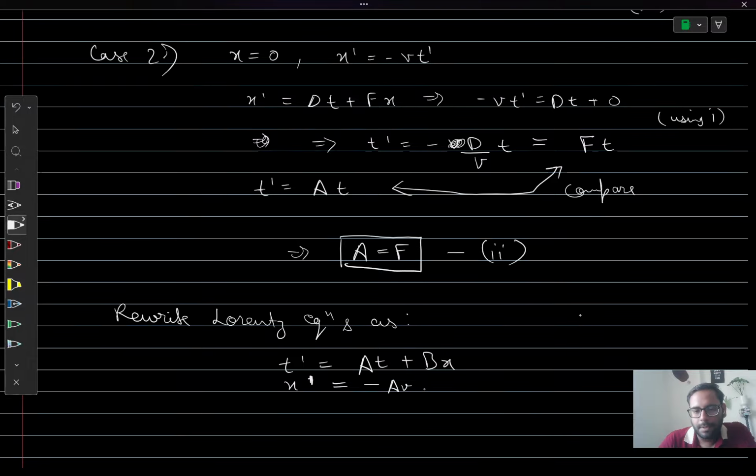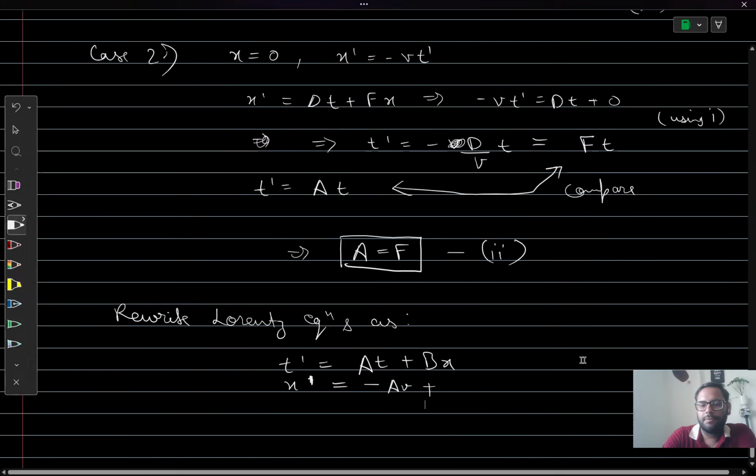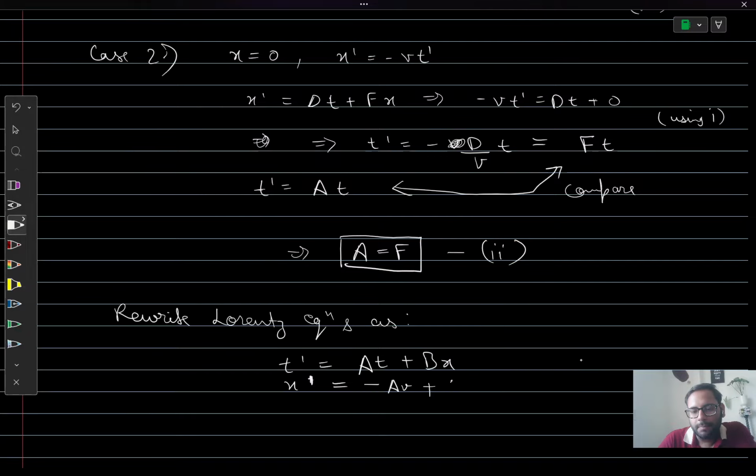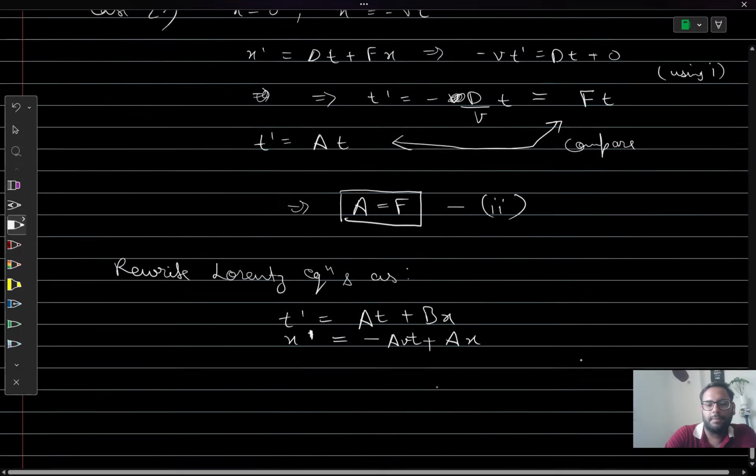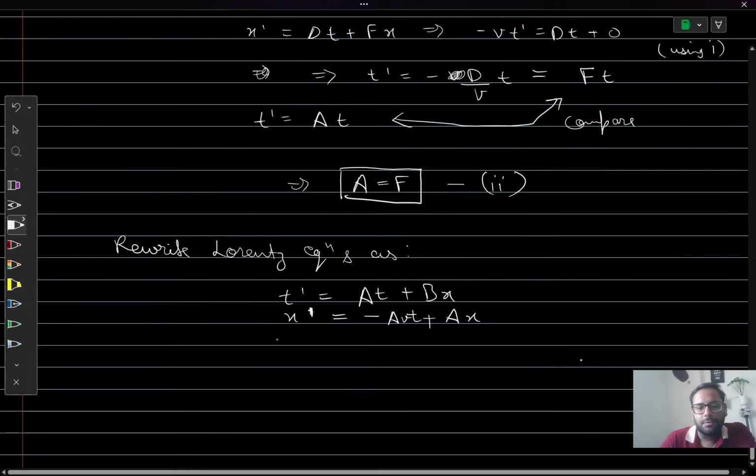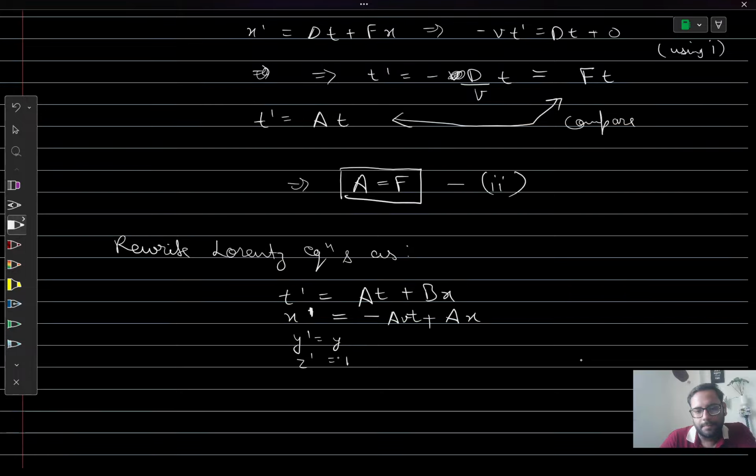Plus there was f, and we know we can replace it with ax, and there is also a time coordinate, so there should be a time here. Okay, these are my new equations.